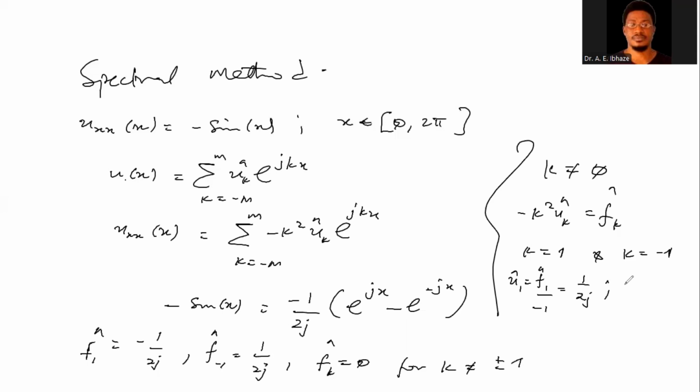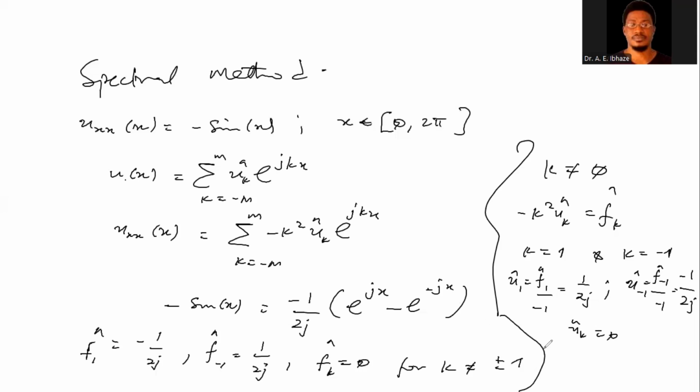And also for u hat sub -1, we now have f hat sub -1 over -1, which will be the same as -1 over 2j. So for all other k, u sub k hat is the same as 0.